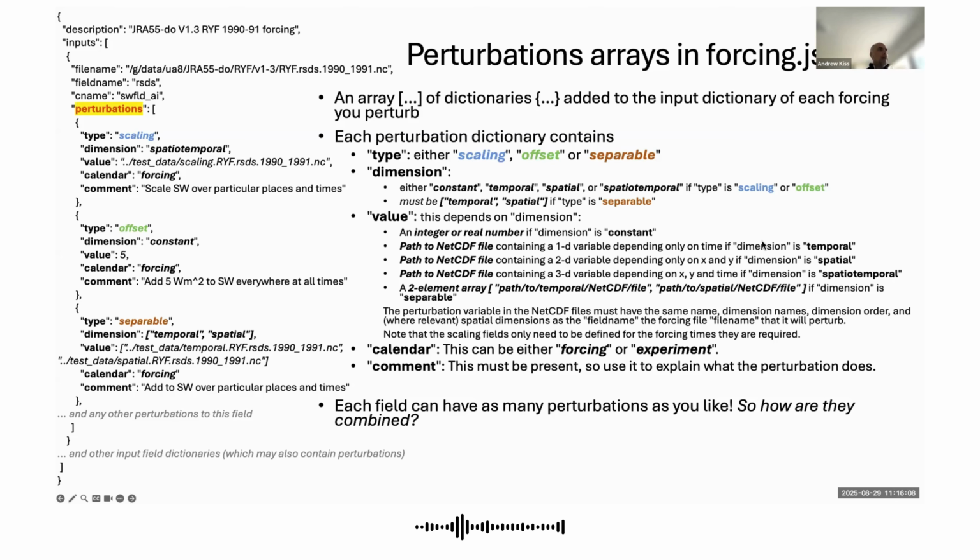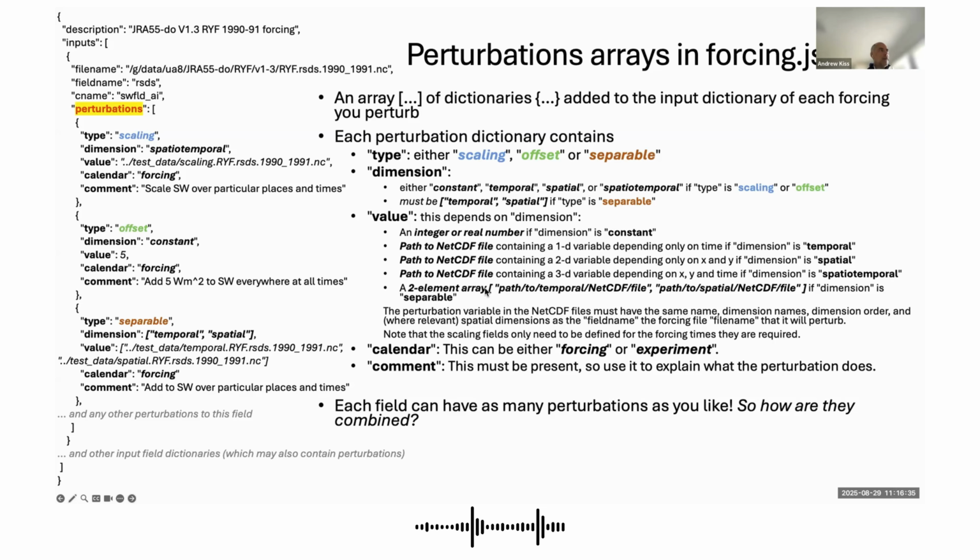All the other options for dimension require a netCDF file or files. If you're using temporal, that netCDF file has to contain a one-dimensional variable that depends only on time. As you'd expect, spatial requires a 2D variable depending on x and y. Spatiotemporal requires a 3D x, y, and time-dependent variable.